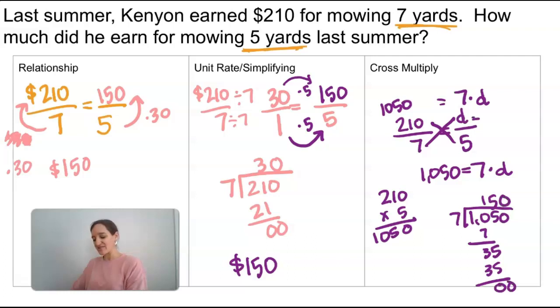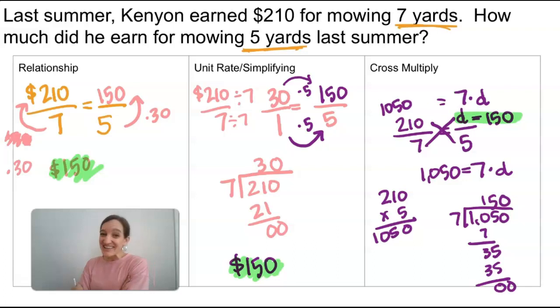So that means my dollars is 150, which is the same thing I got with my other problems. I got 150 for my unknown here, 150 for my unknown here, and 150 for my unknown here.